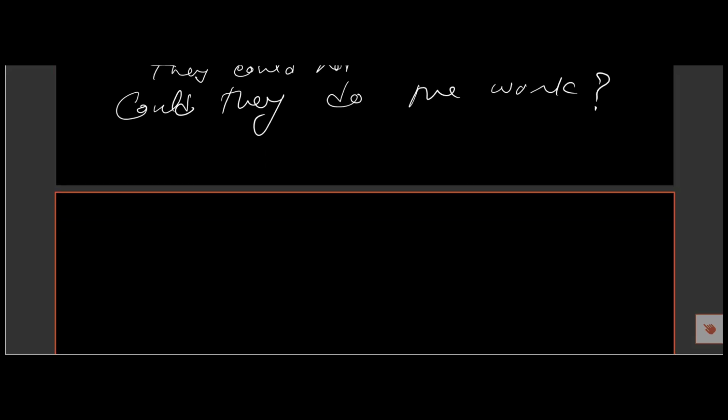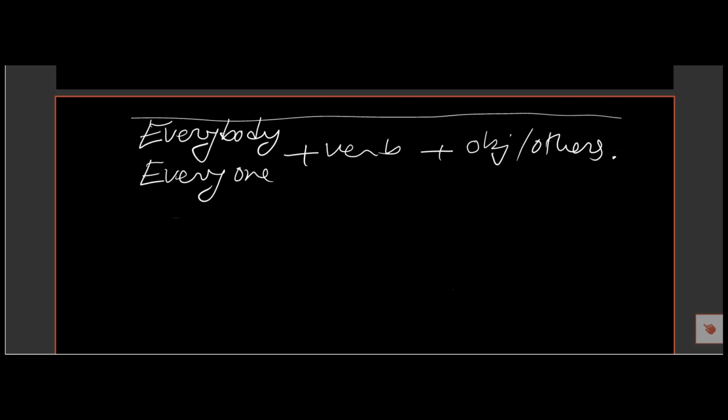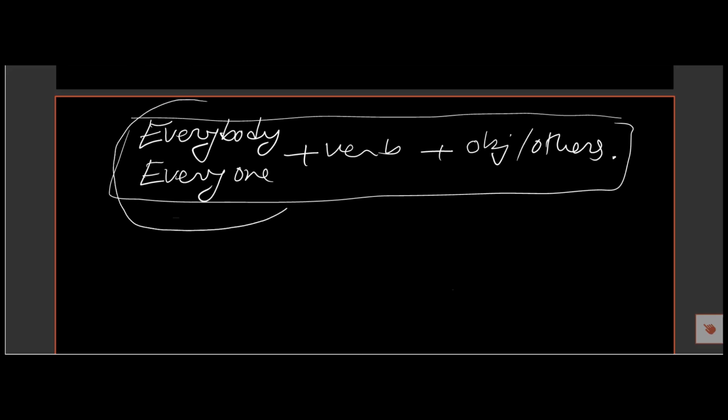So let's see another rule. If the sentence begins with everybody or everyone, then verb plus object or others. This is the structure of assertive. So in that case, instead of everybody, we must use who.